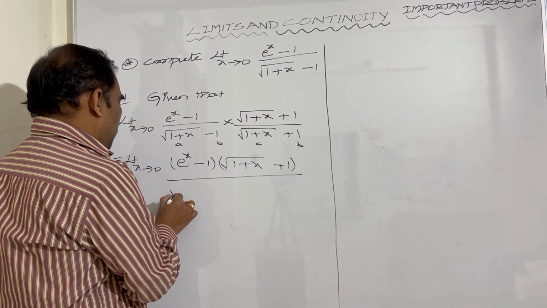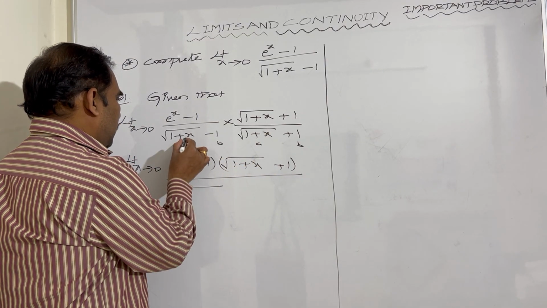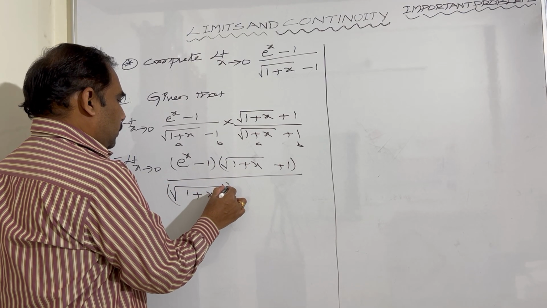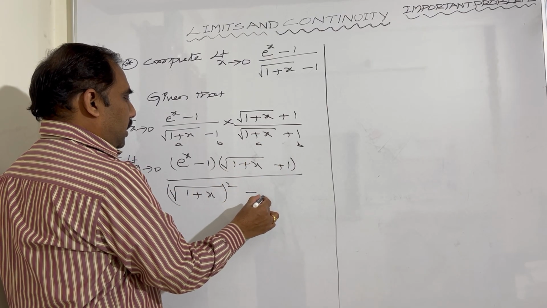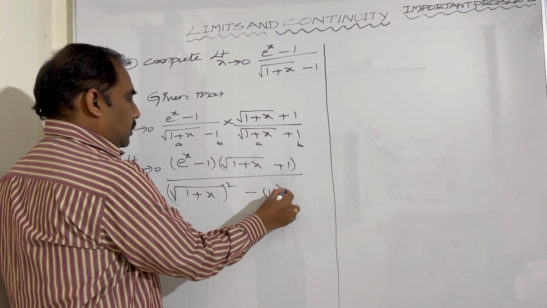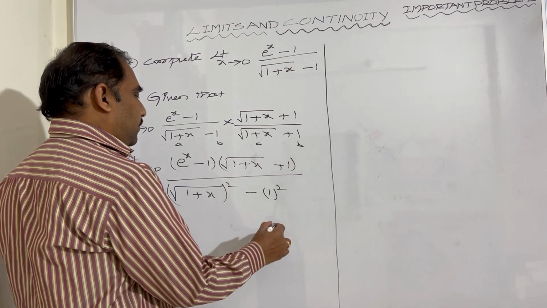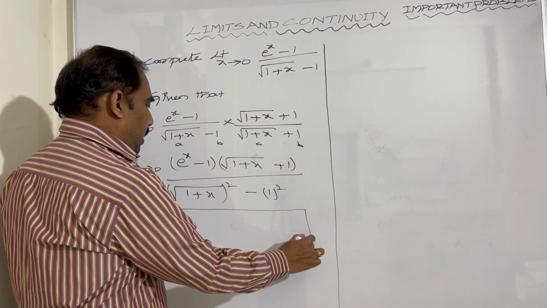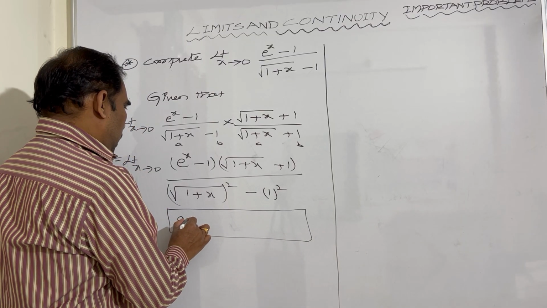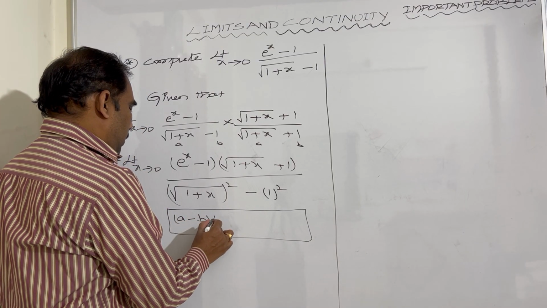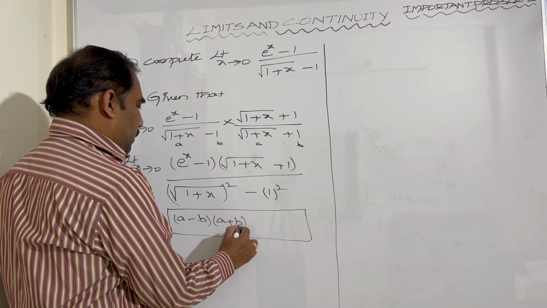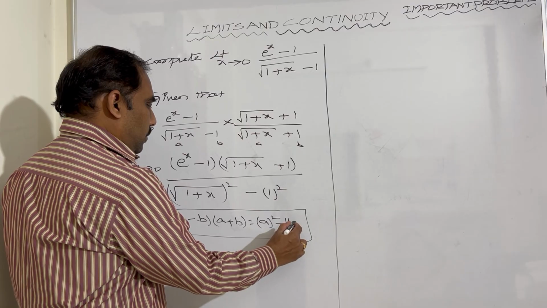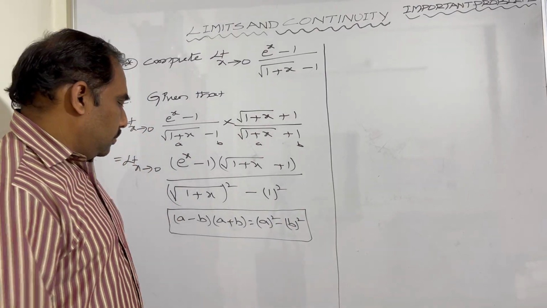So for (a − b) into (a + b), we have the formula: a square, that is (√(1 + x)) whole square, minus b square, that is 1 whole square. See, we applied the formula here. So (a − b) into (a + b) can be written as a square minus b square.